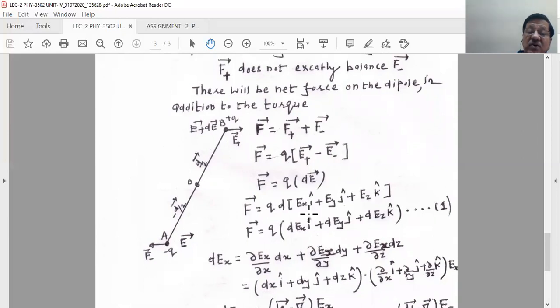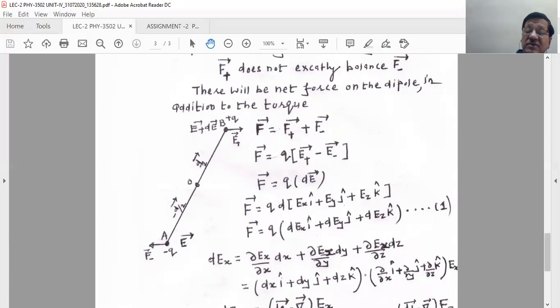So now you can write down the derivative of Ex i, Ey j: change in X component, change in Y component, change in Z component. So I can write down Q into dEx i plus dEy j plus dEz k, and Q is outside the bracket.